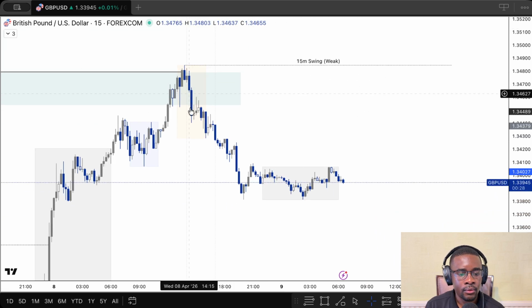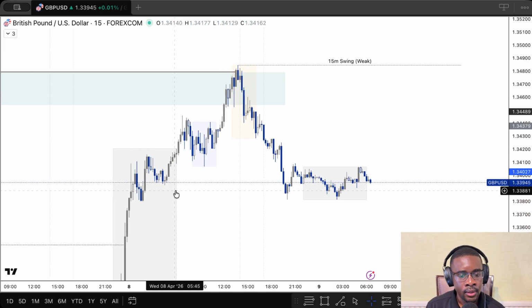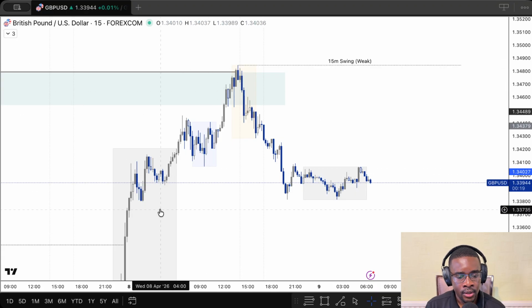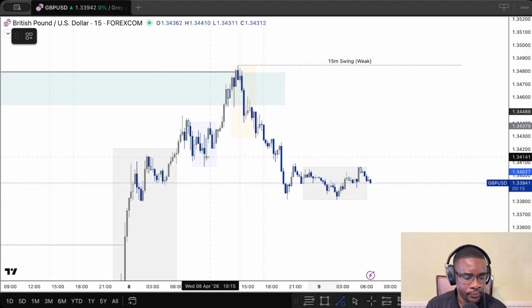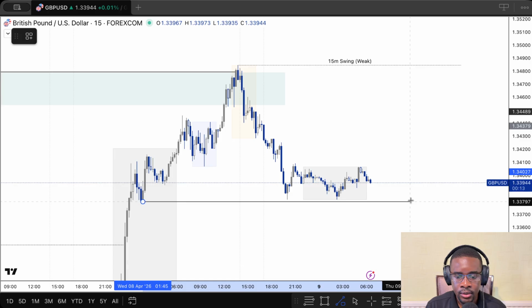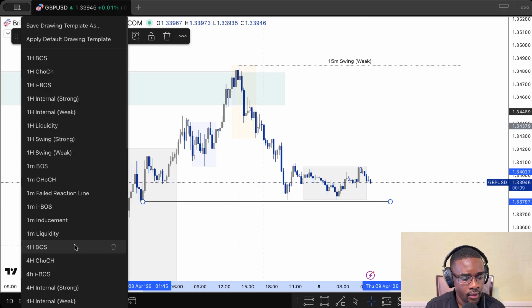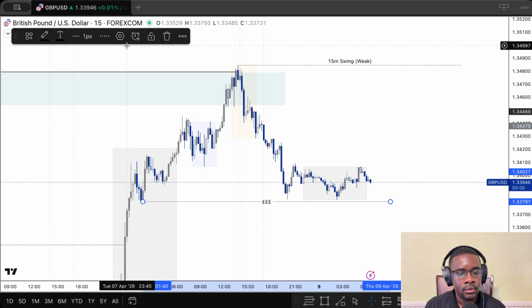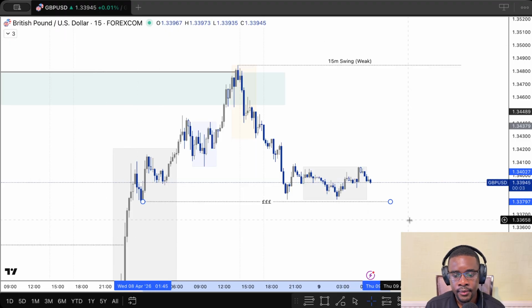Okay, and then we've had price come down, and then this internal structure we've changed character, broken structure. So now we are pretty much bearish, and then we have relative equal lows to target.